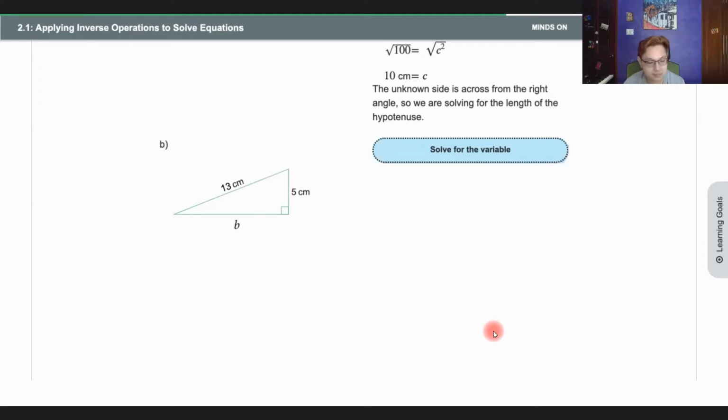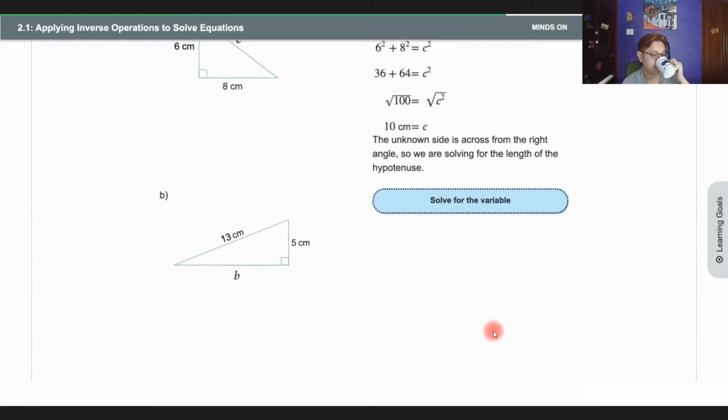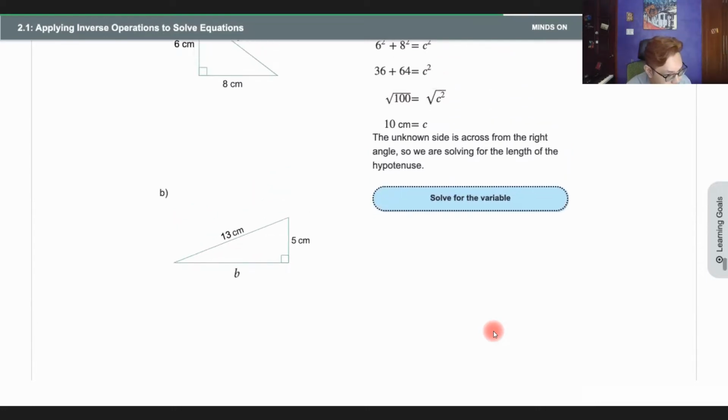So you take 169 minus 25, and it's equal to b squared.